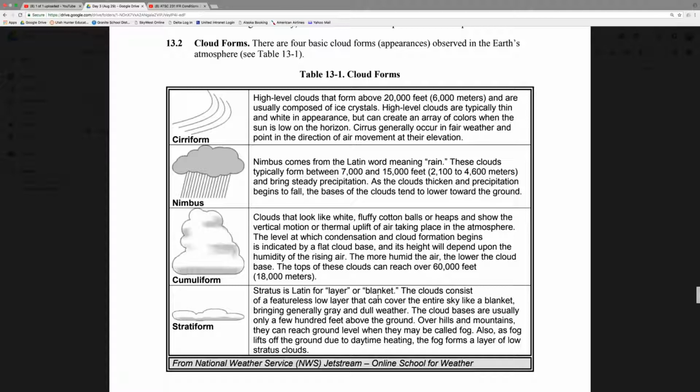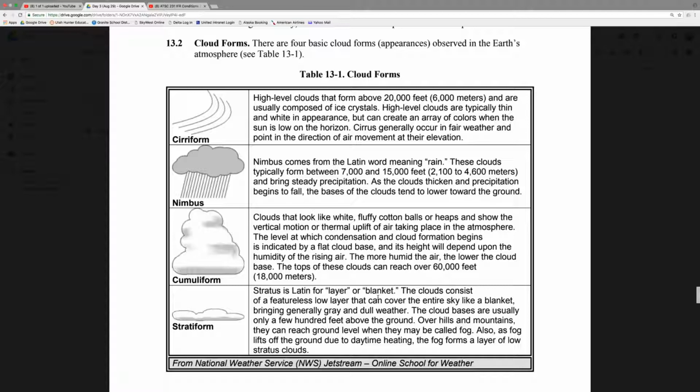When we talk about stratus, stratus is Latin for layer or blanket, right? So when we say stratonimbus, we've got a layer cloud bearing rain. Okay, kind of makes sense, right?